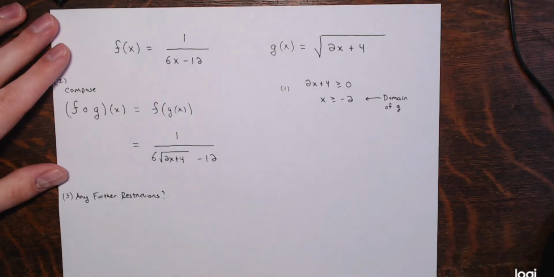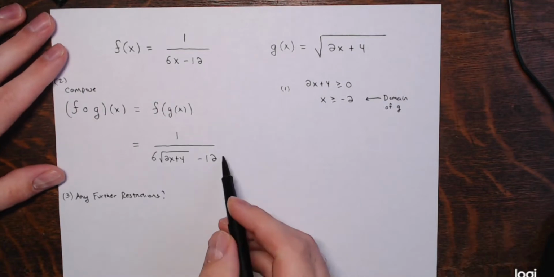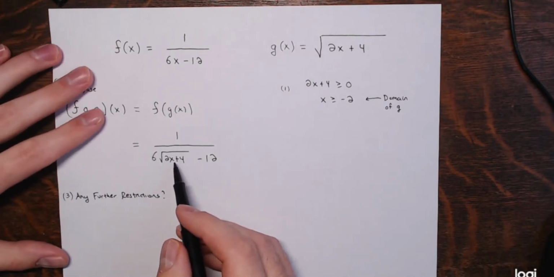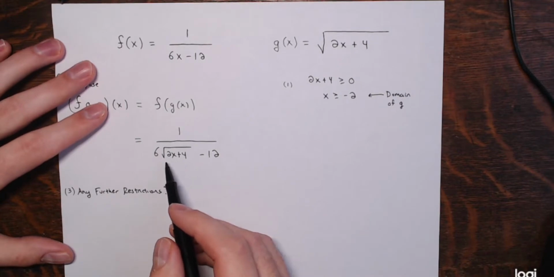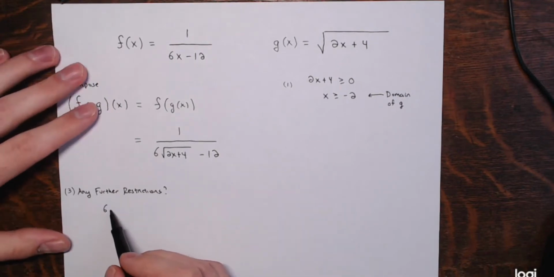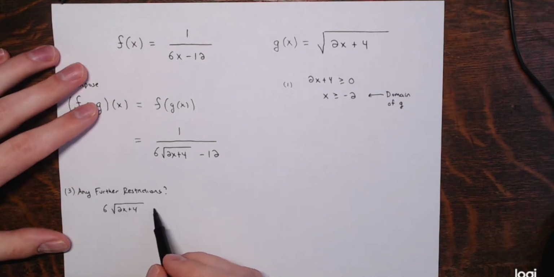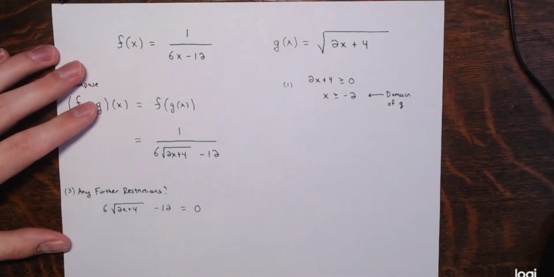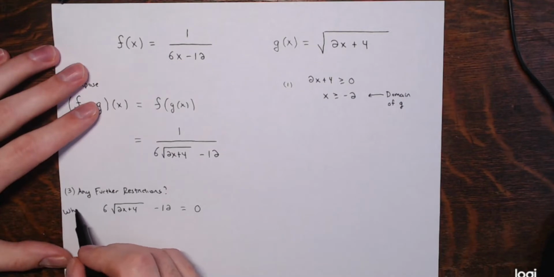Well, there's a denominator with a variable in it in this composite function. And remember, denominators can't be 0. So 6 times the square root of 2x plus 4 minus 12, this denominator, when is it equal to 0?